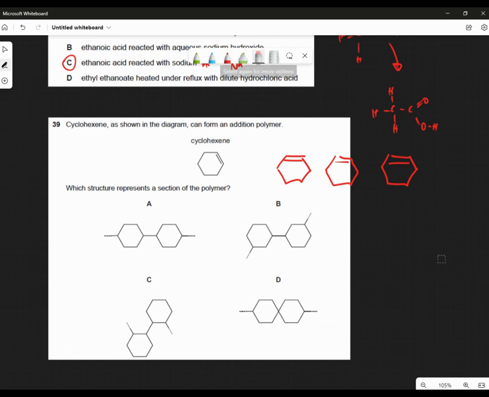So what's going to happen is the double bond's going to open up, and you're going to get a bond formed between that carbon and that carbon. This double bond opens up, and you're going to get a bond formed there, and this double bond opens up, and you're going to get a bond from there. So that's the structure of the polymer.